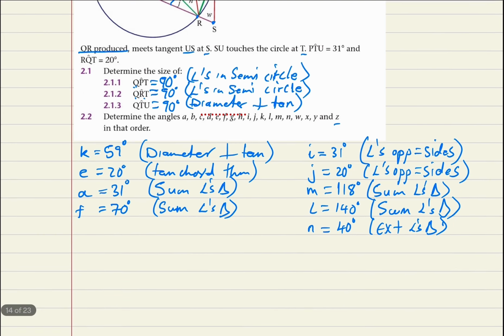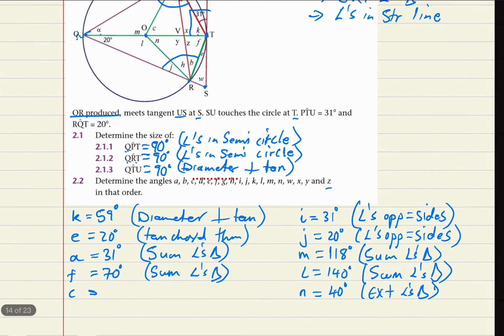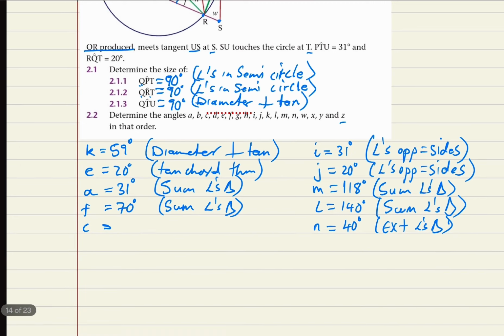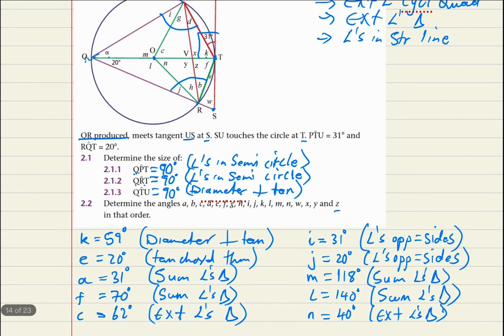Then you can find C, which is equal to 31 plus 31, which is 62 degrees. It's an exterior angle of a triangle. So we are trying to digest everything.